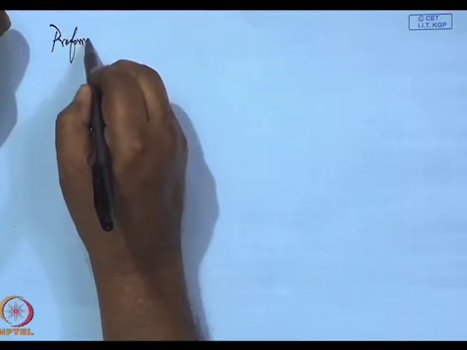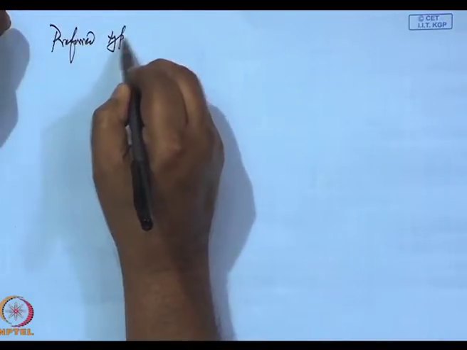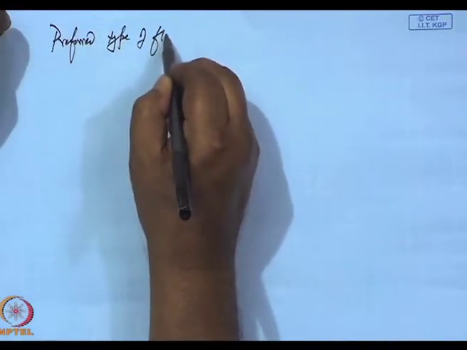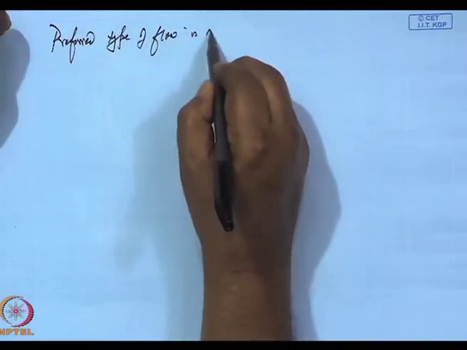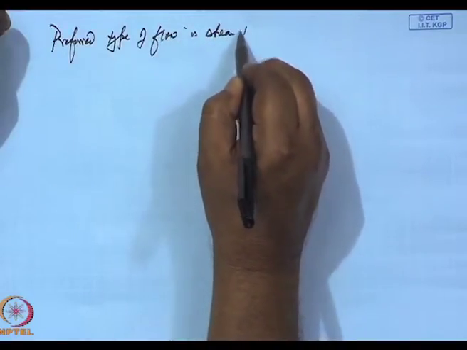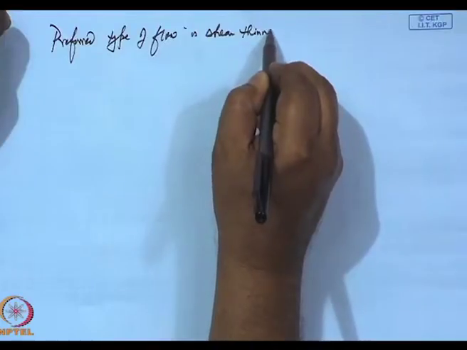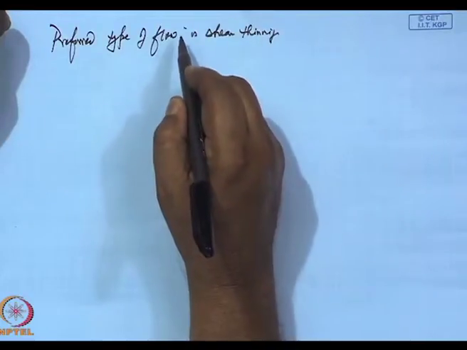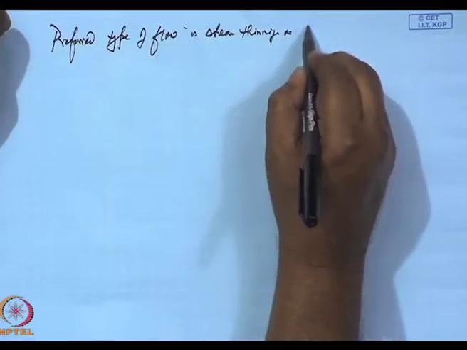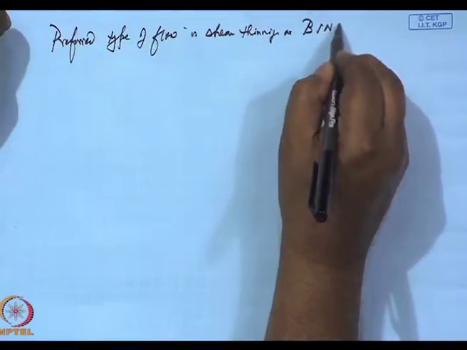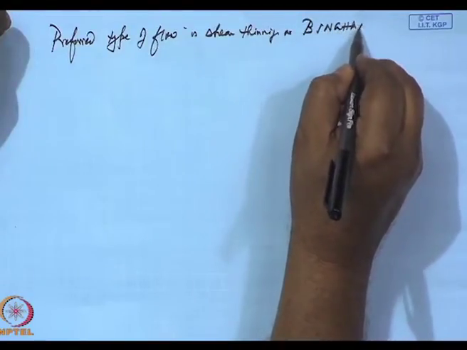The preferred type of flow is shear thinning, or it is also called Bingham flow.